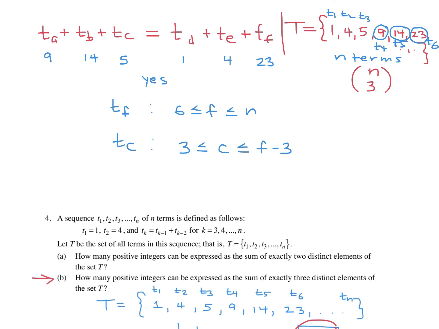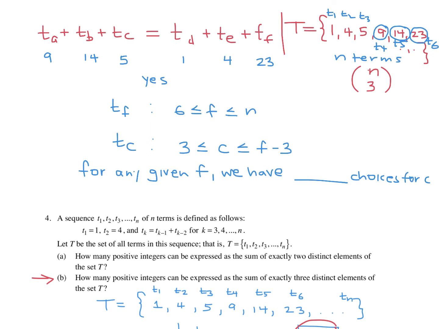So that means for any given F, how many choices do we have for C? Well, essentially what I'm asking is, how many numbers is that? In our case, F, we had chosen it to be 6, right? So we have to figure out what is the scenario if we just have this.